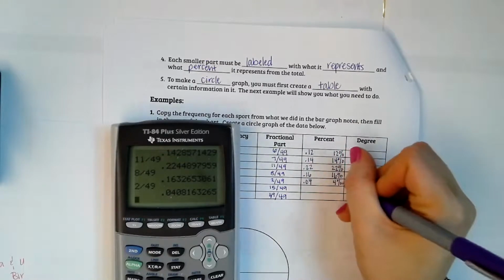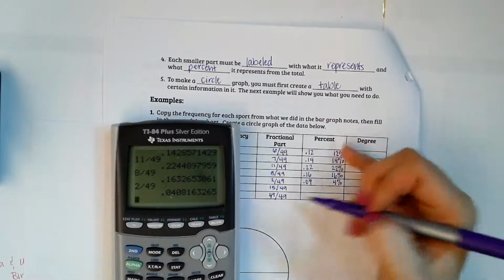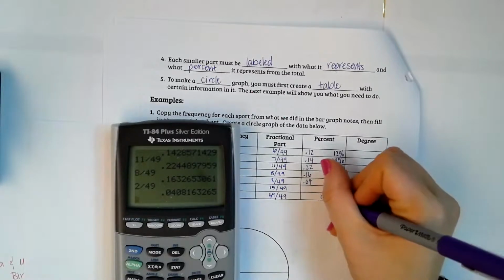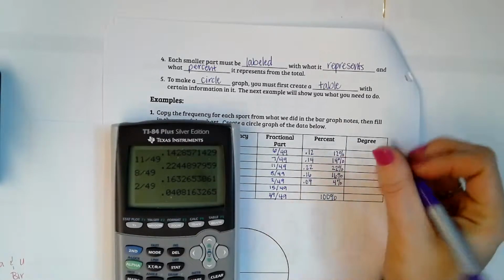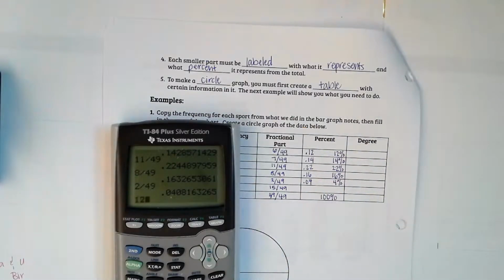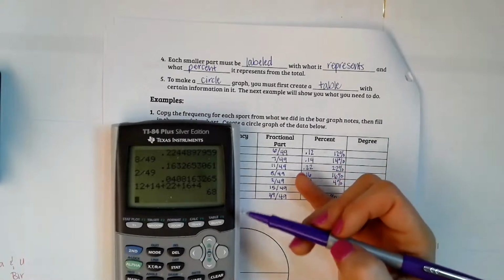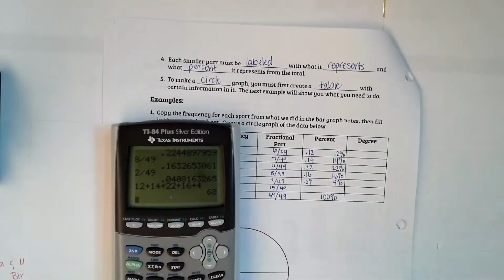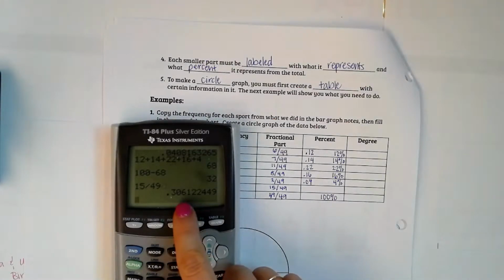Okay, so you know that this should add up to 100% to make the full circle. Right now, 12 plus 14 plus 22 plus 16 plus 4 is 68. So 100 minus 68 is 32. So the 15 divided by 49 needs to be 32, but you can tell that it's not.